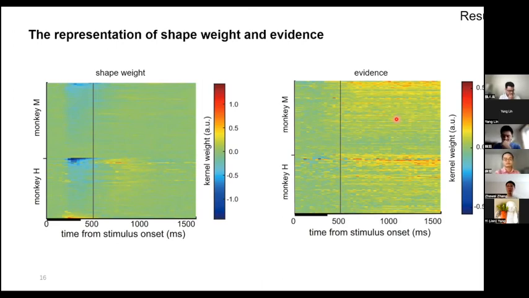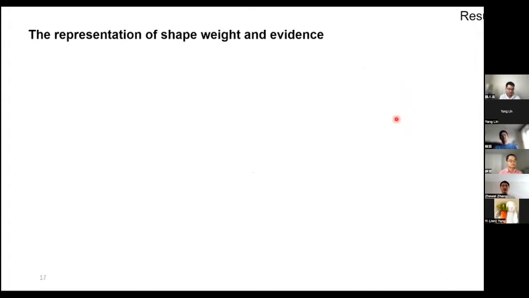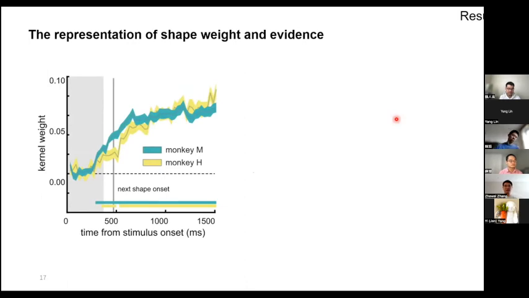If this weight information was indeed used to calculate the evidence in LIP, we would expect the representation of the shift weight to be earlier than that of evidence. To test it, we estimated the encoding latency of each variable based on the GLM, and we defined the encoding latency as the delay between the shift onset and the beginning of the first significant encoding duration.